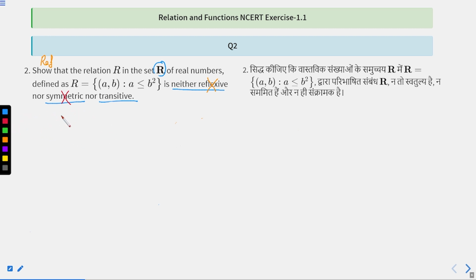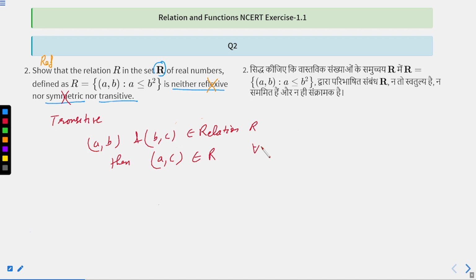What is our definition for a transitive relation? If AB and BC both belong to the relation R, then A comma C also belongs to the relation R, for every A, B, C belonging to real numbers.